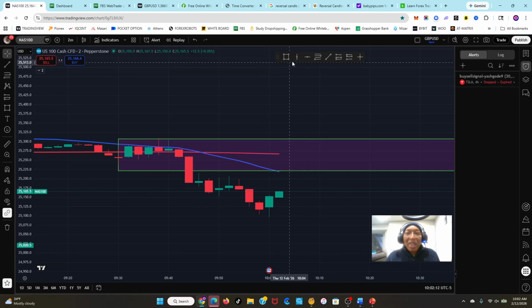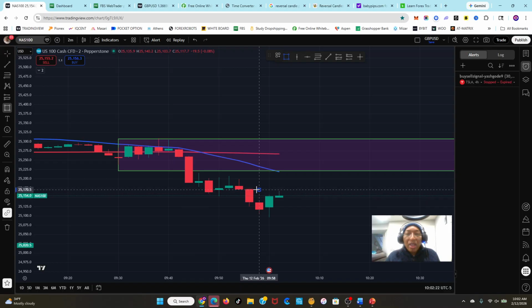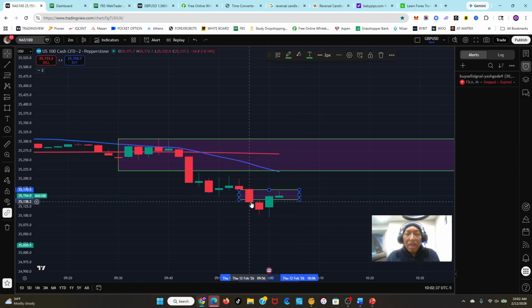Let me try to mark that. Okay, so there is our little gap that was created by these three candles. Okay, so we are going past the gap.